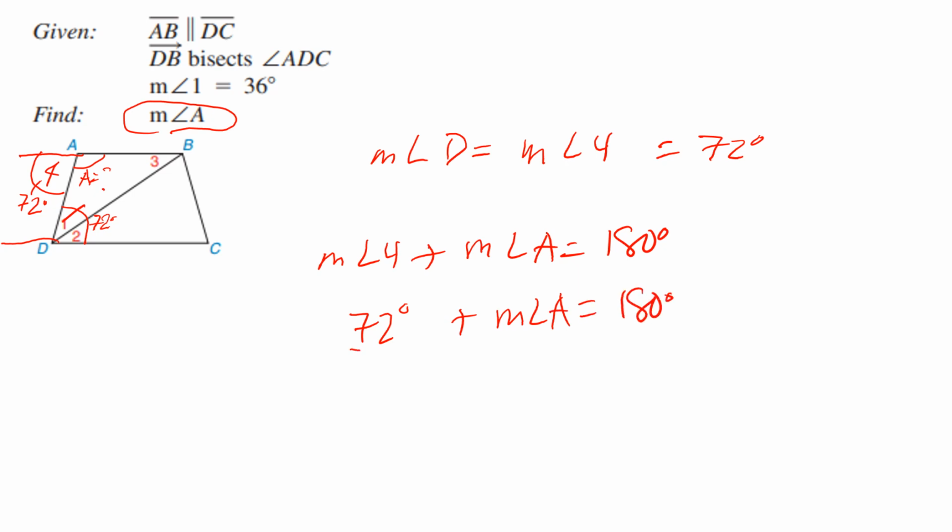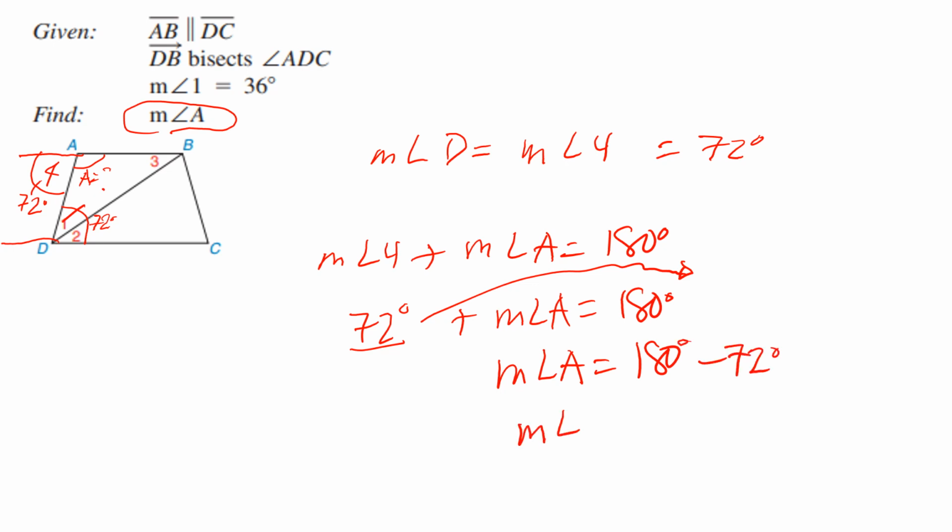We transpose 72 on the other side. So we have here the measurements of angle A is equal to 180 degrees minus 72 degrees. So the measurements of angle A is equal to the difference of this. So we have here 108 degrees as the measurements of our angle A.